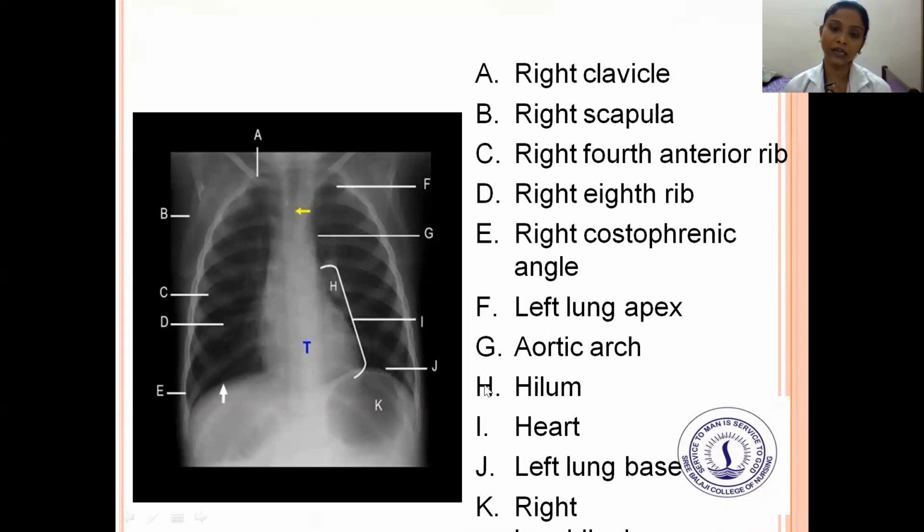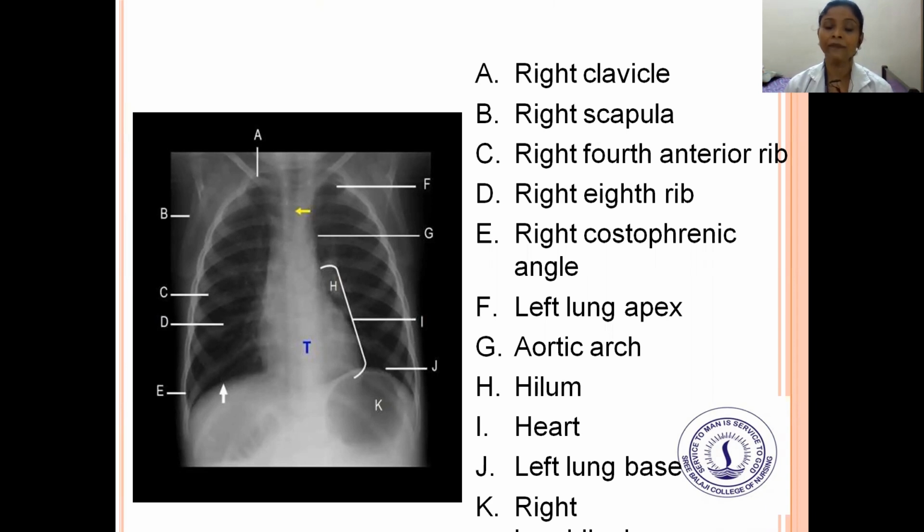So here you can see the right clavicle, that is the X-ray examination. When you see this picture, it gives you a clear picture: A is the right clavicle, B is the right scapula, C is the right fourth anterior rib, D is the right eighth rib, E is the right costophrenic angle, F is the left lung apex, G is the aortic arch, H is the hilum, I is the heart, J is the left lung base, and K is the right lung base.